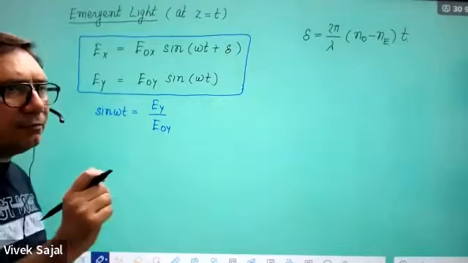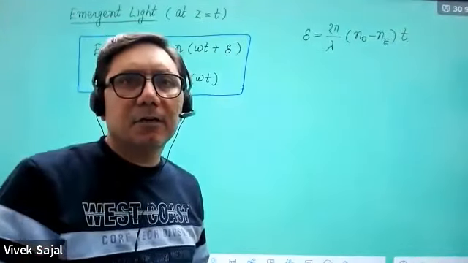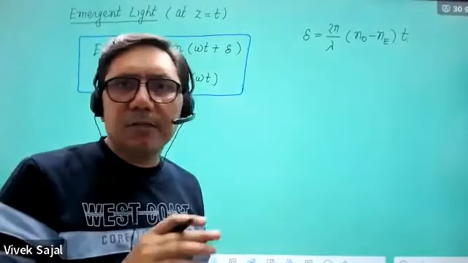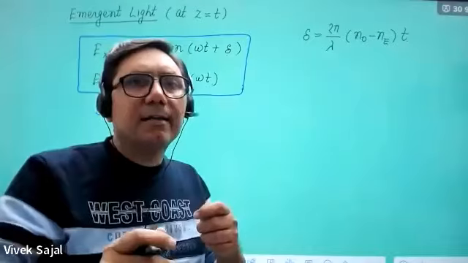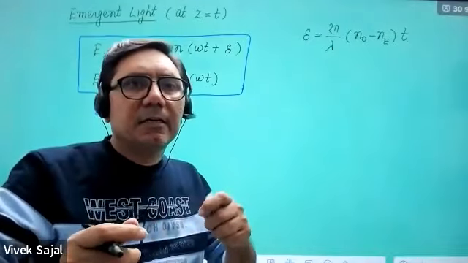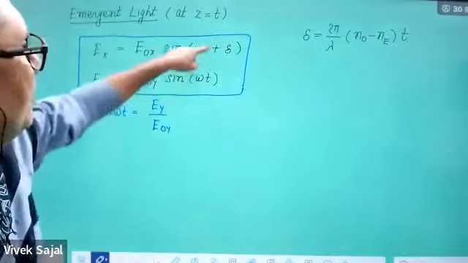If you want to find out whether it is elliptical, circular or plane polarized light, you have to find the correlation between Ex and Ey components, and you have to eliminate the time.